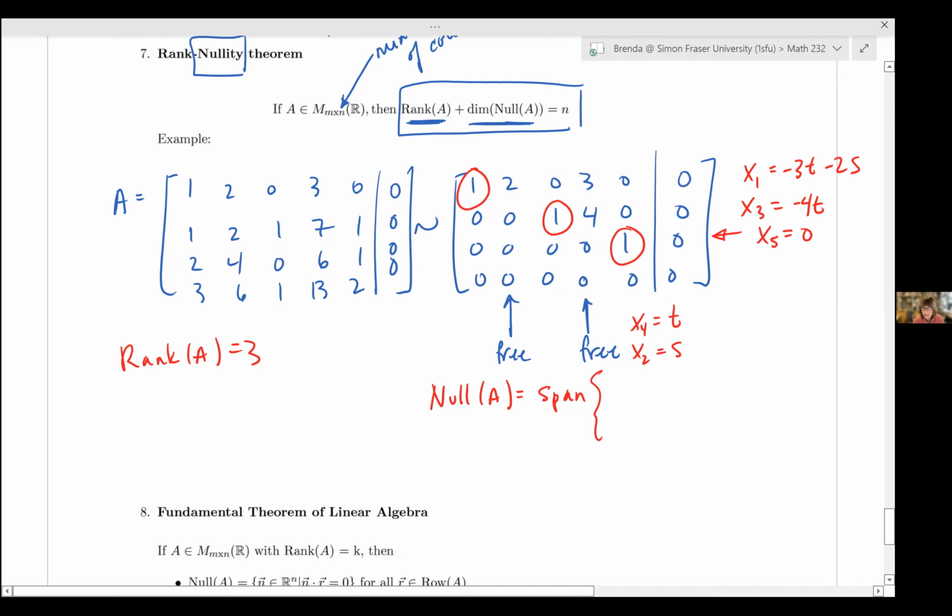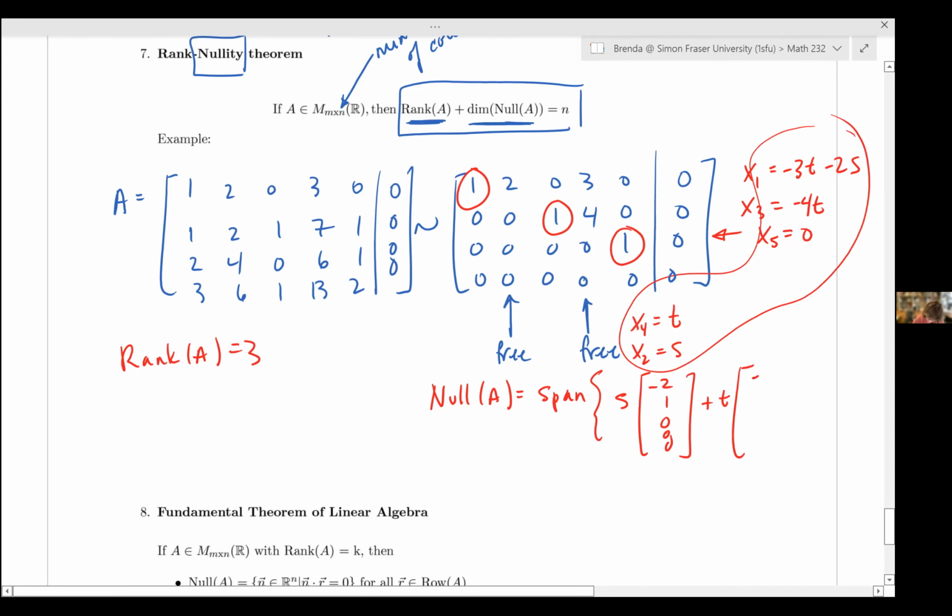Okay, if you can't do this quickly, like taking this row reduced form of the matrix and getting the solution set out quickly in terms of the free variables, stop the video, back the video up even, and take the matrix, take the row reduced form, make sure that you can write out what the null space of A is. And it is the span of s times, and I'm merely collecting this information up in the normal manner, minus 2, 1, 0, 0, 0, and I've got t here, minus 3, 0, minus 4, 1, 0.